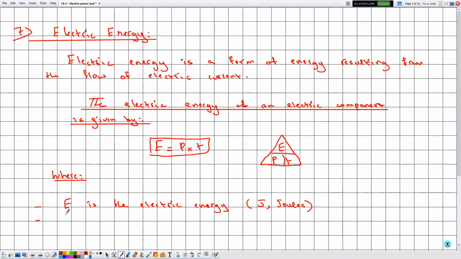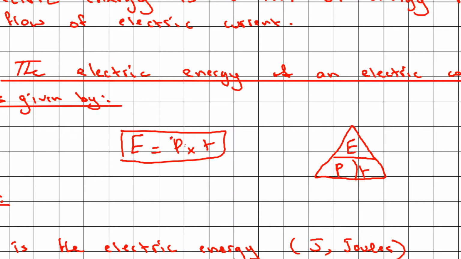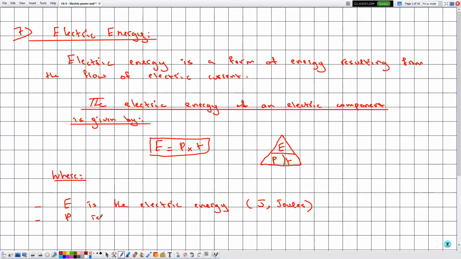Now as for P, we have seen previously what is meant by P. P is the electric power. And the unit of the electric power is given by watts, capital W, which stands for watts. And as for T, T is said to be the time, and SI unit is S, which stands for seconds.